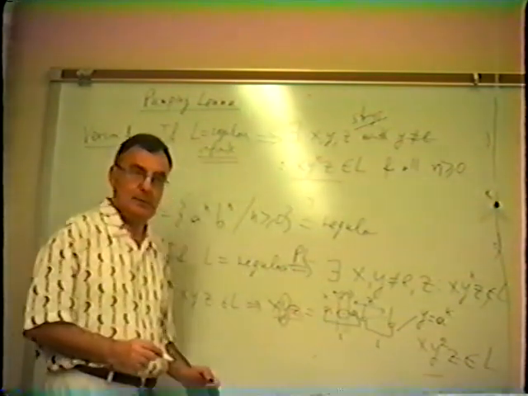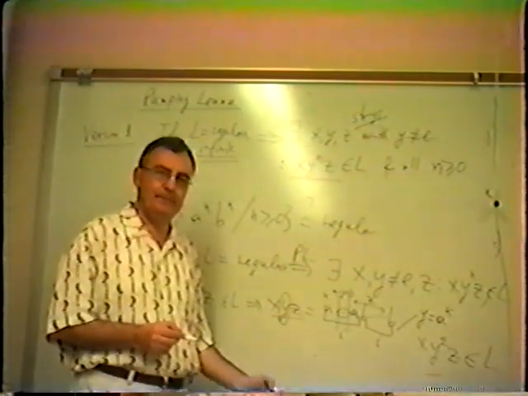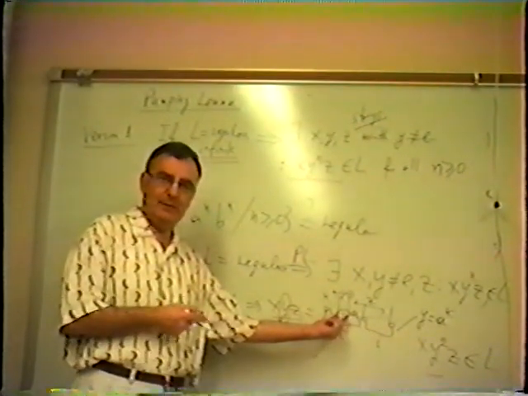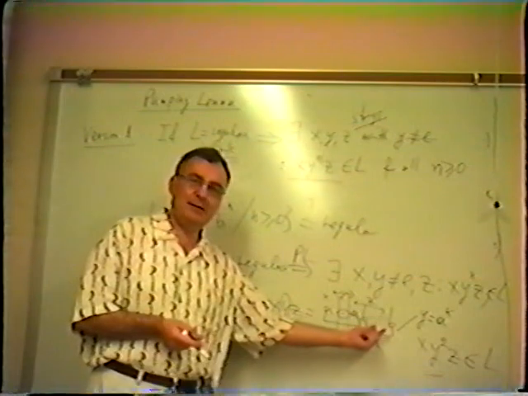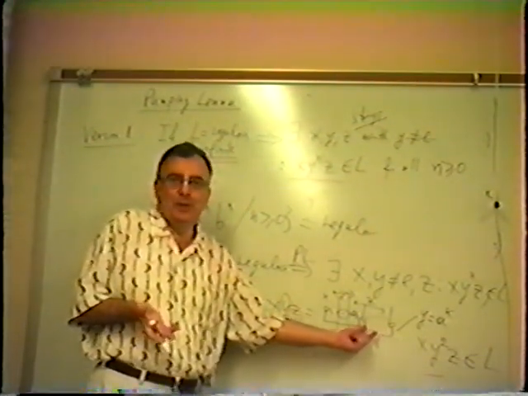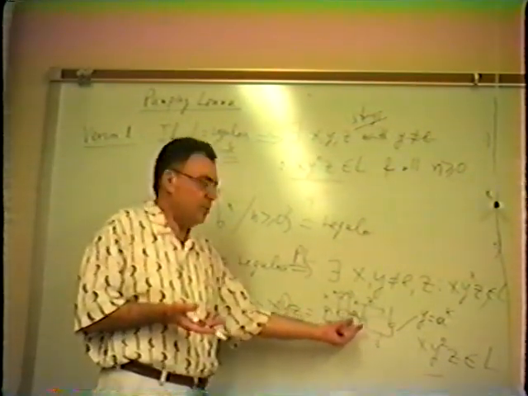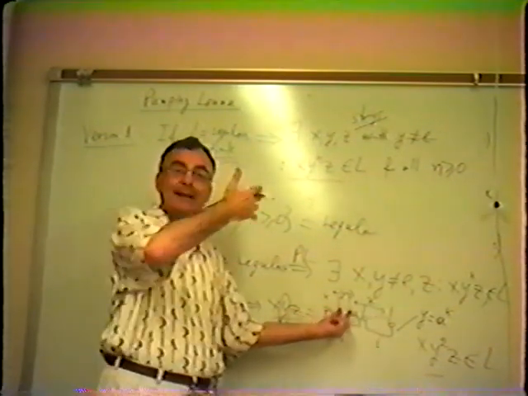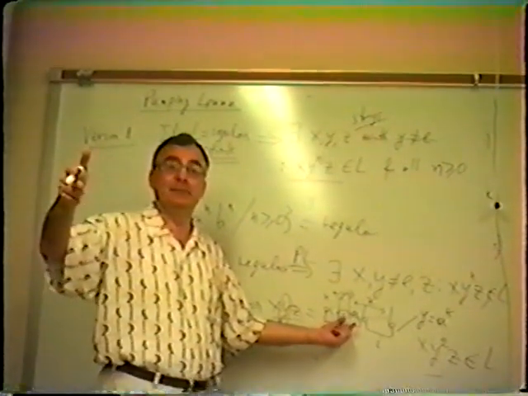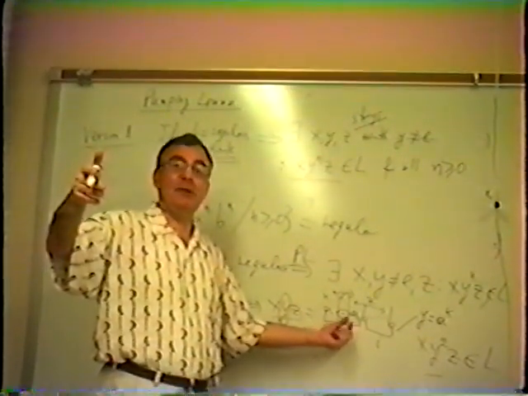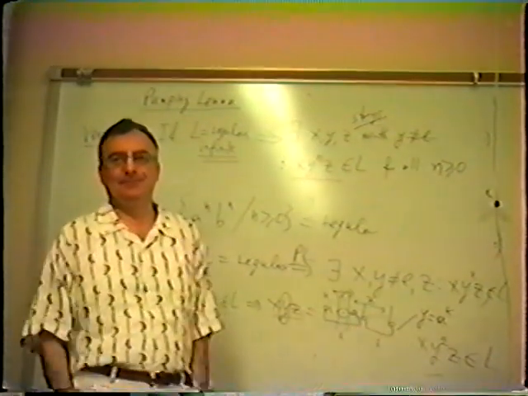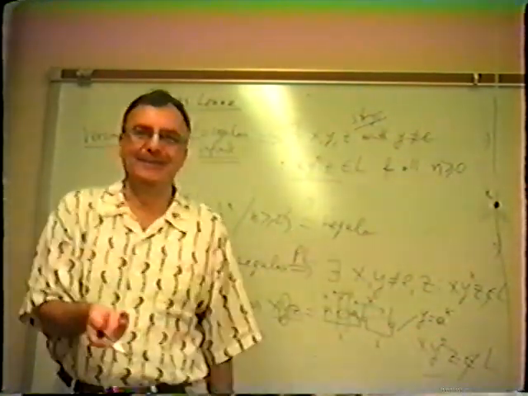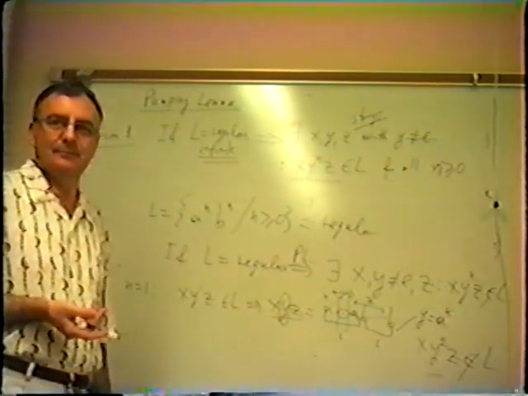Right? Now, you take x, y squared z. What happened? You doubled the number of a's in the string if you square the y. Did you ever change the number of b's? No, z was not squared. So if x, y, z is in the language, x, y squared z will not be in the language anymore. Why? You have more a's than b's. It's not in the language. Well, so y could not be a number of a's. It's just rejected in that case.